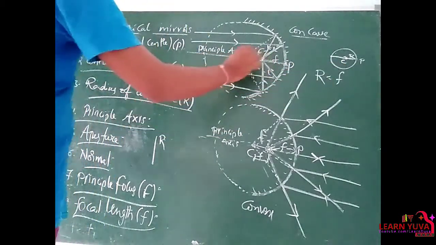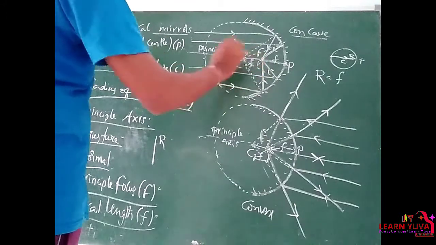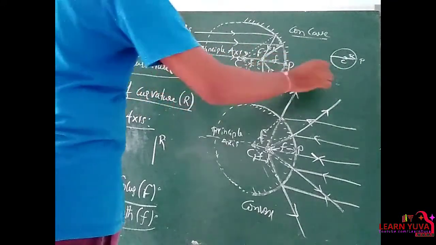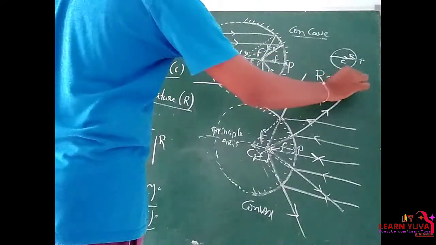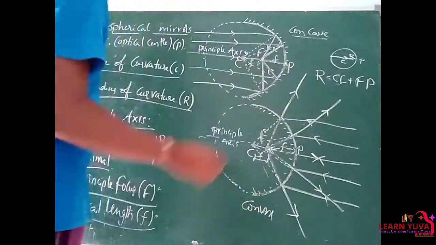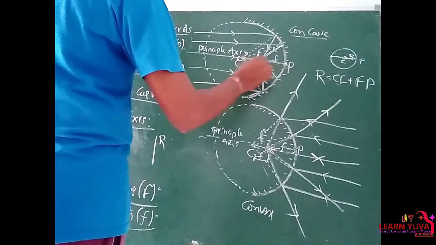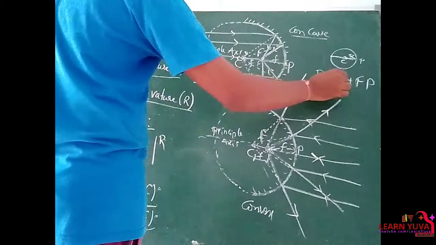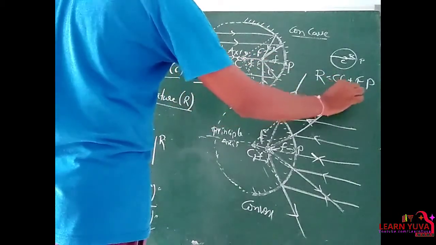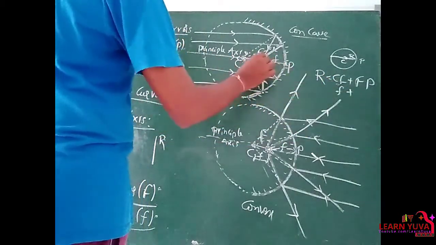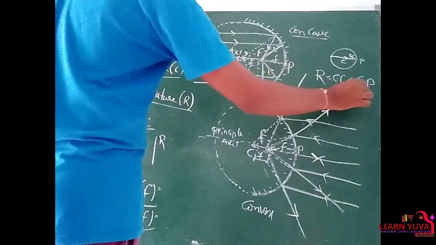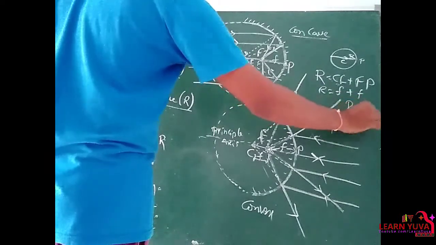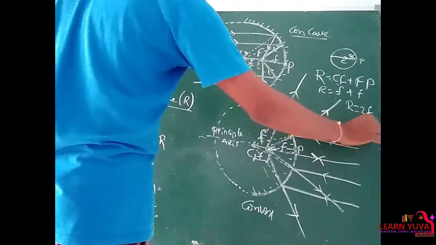Again, this r can be denoted as CF plus FP: center of curvature to principal focus plus principal focus to pole. Center of curvature to principal focus is focal length, plus principal focus to pole is also focal length. So r is equal to f plus f. So r is equal to 2f, f is equal to r by 2.